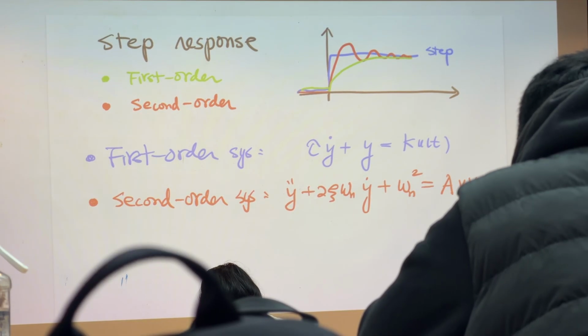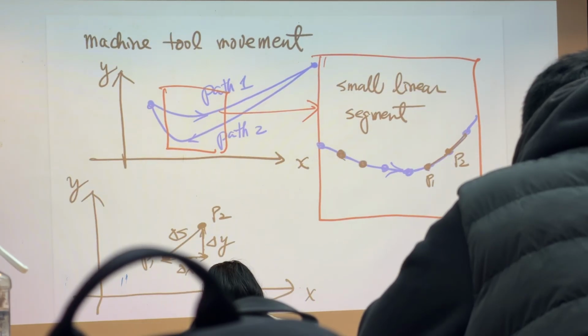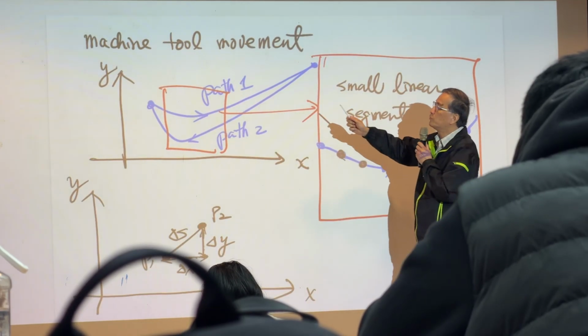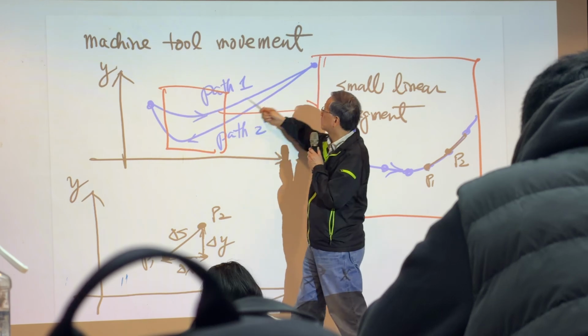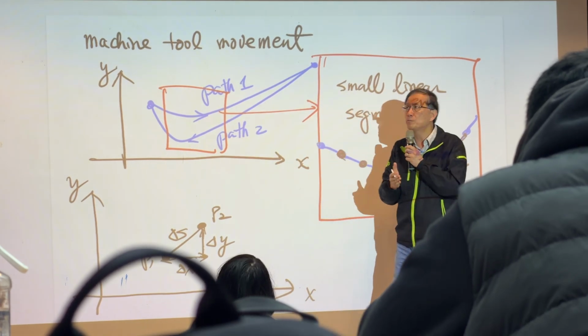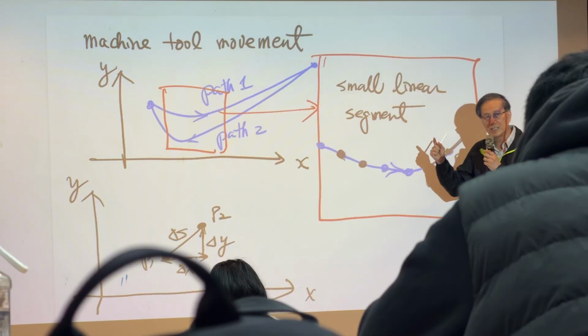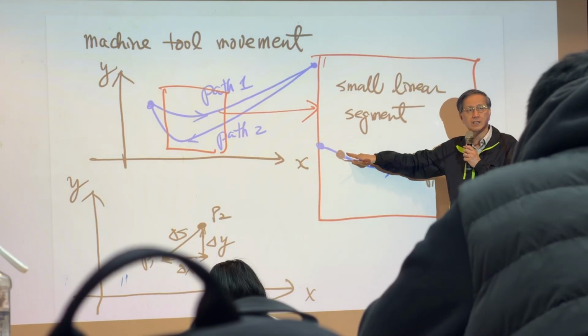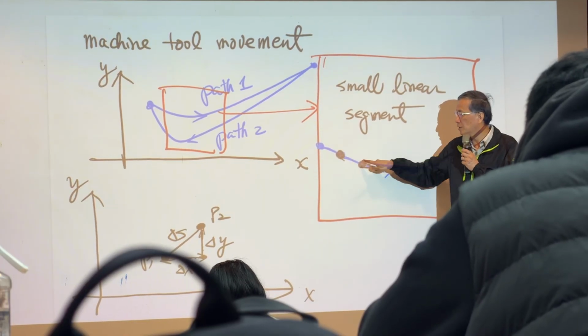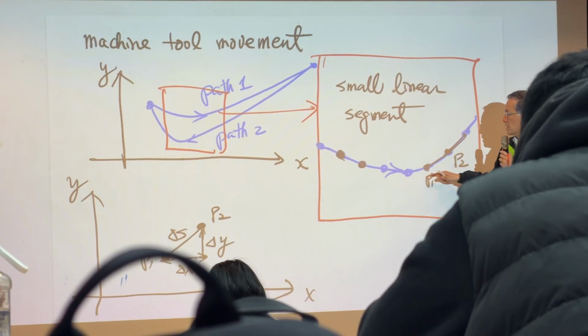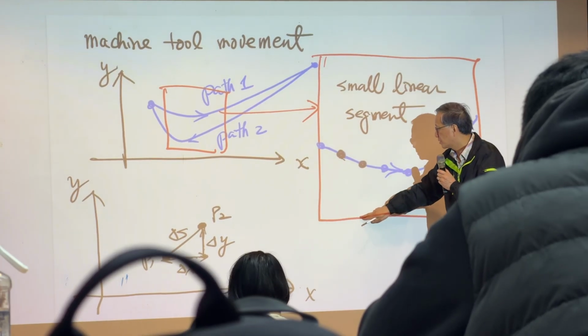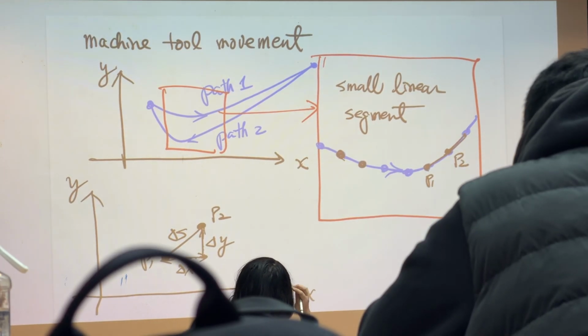Let's see, if we have a tool path like this. When I'm moving from my position to this position, I just keep telling my system to continuously move x from here to here, from here to here. So the x movement is continuous. Let me show you.